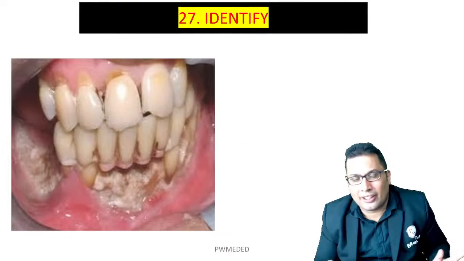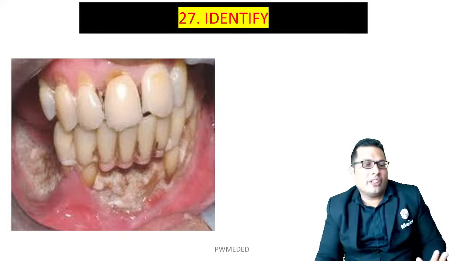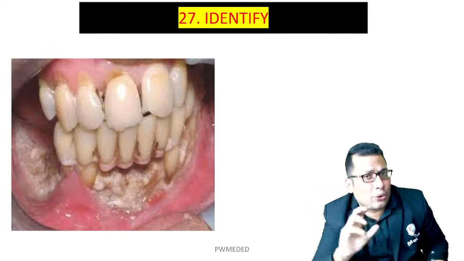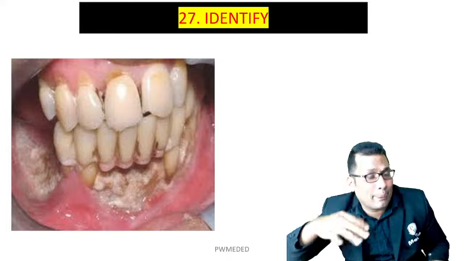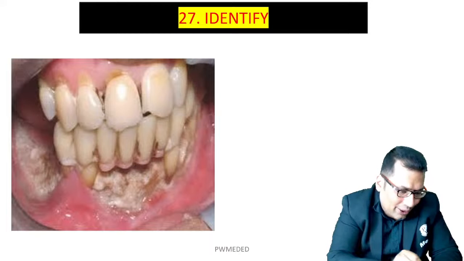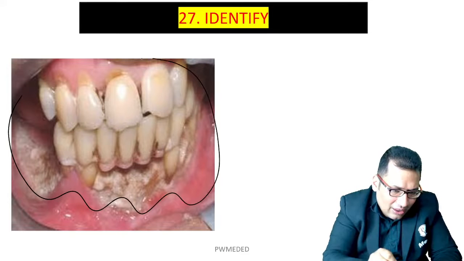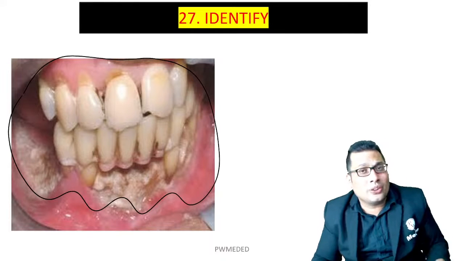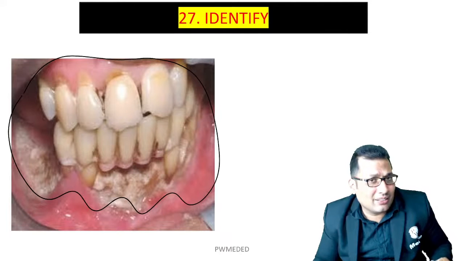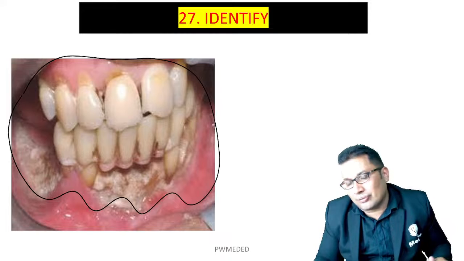Question number 27. In question number 27, there is a picture given. Patient suffering from hepatic necrosis. The patient is having some hepatic failure signs and symptoms, and also some important finding in the jaw. There is a necrosis of the mandible. What is this poison that leads to this type of condition?